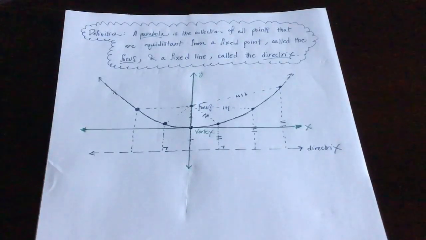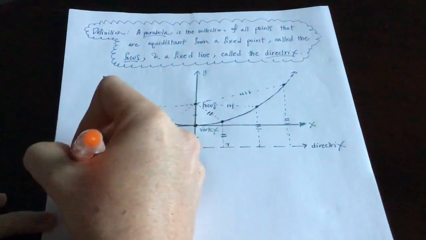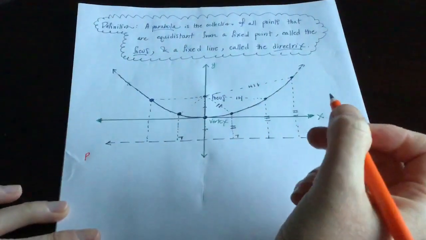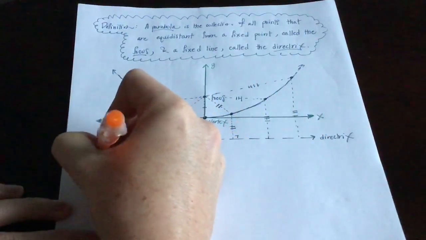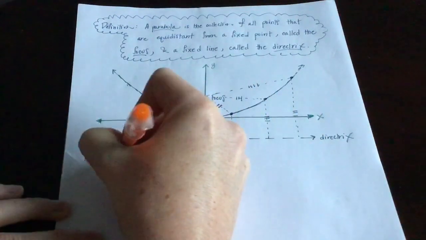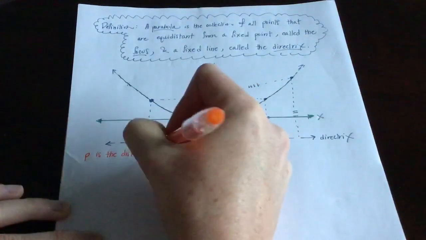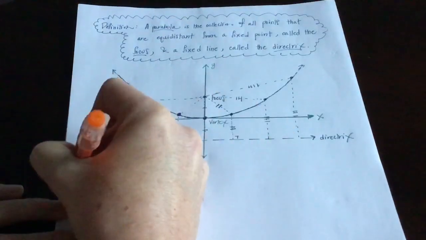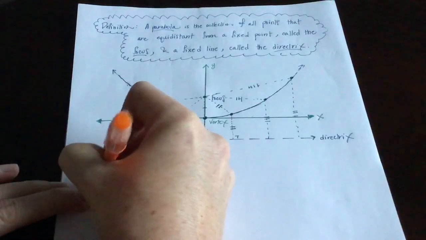So now that we've got this picture drawn, the next thing I need to do is make sure that you are going to be okay with this letter that's going to come into this story. So the letter P. When we use the letter P when it comes to parabolas, it's going to represent the distance between the vertex and the focus.